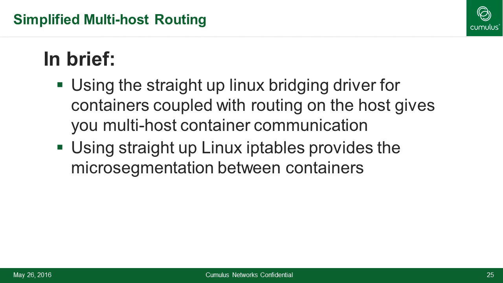Using that we enable multi-host communication to happen in far more simple ways. If you can do basic bridging, you can type iptables to configure all your communication, then you've got the behavior that you want, which is essentially microsegmentation, and multi-host communication using ideas and technologies that you already know and understand. So that's how it relates to Cumulus Linux.